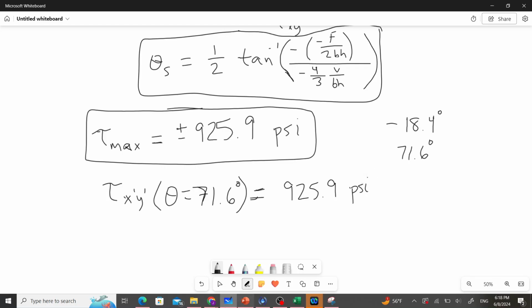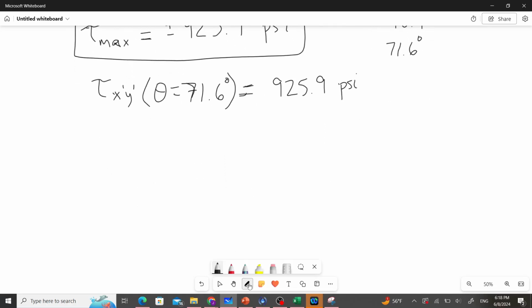And if we were to do the same with our other angle, negative 18.4 degrees, that shear is negative 925.9.